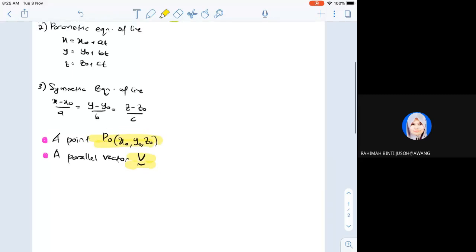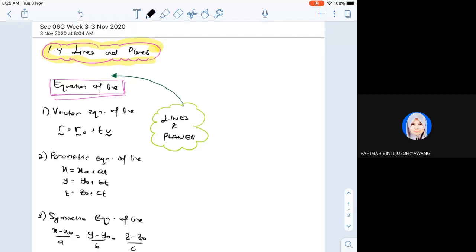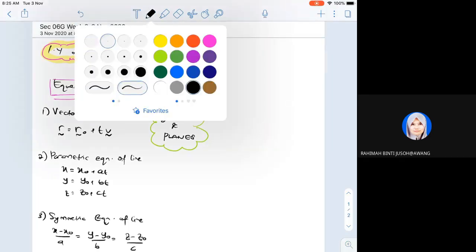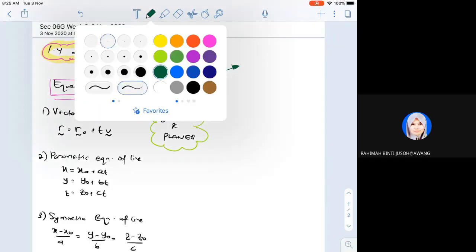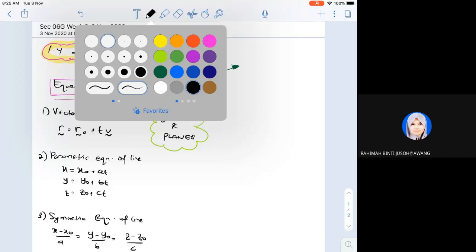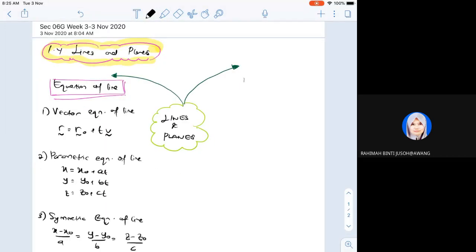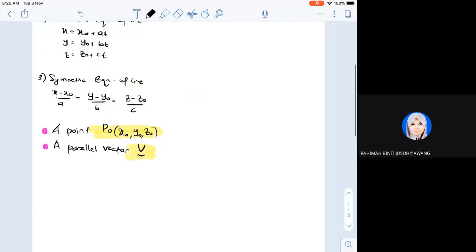All right, now equation of a plane. Okay, equations of plane. Previously in equations of line, we need a point and a parallel vector v.